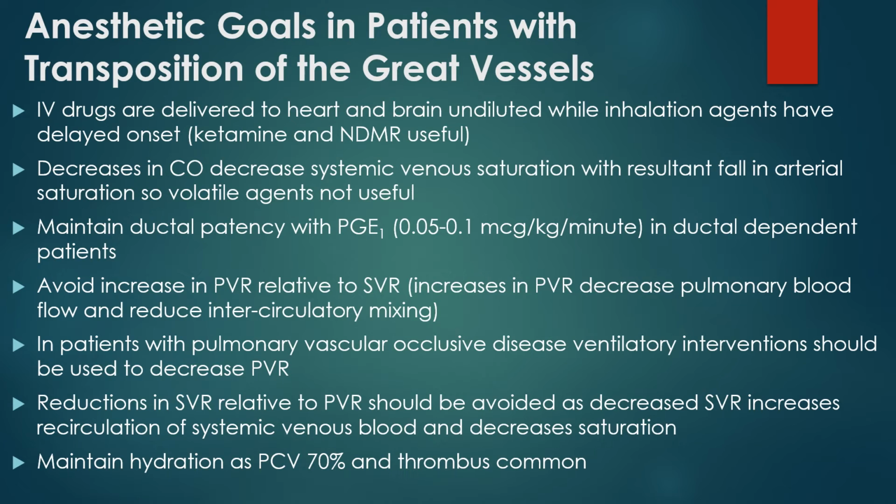In patients with pulmonary vascular occlusive disease, ventilatory intervention should be used to decrease the pulmonary vascular resistance. So basically, you're just balancing your PVR and your SVR. If SVR gets too low, you wind up having hypoperfusion, then you end up needing some phenylephrine or some type of inotrope. And then maintain hydration, as the PCV is typically 70% and thrombus is very common in these patients.